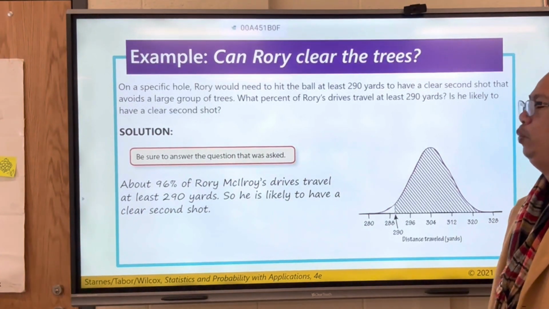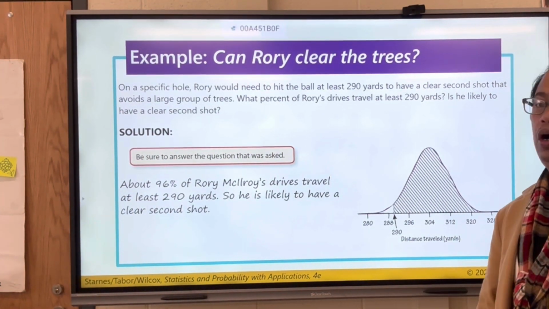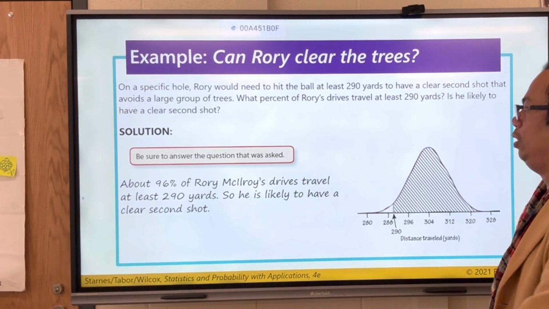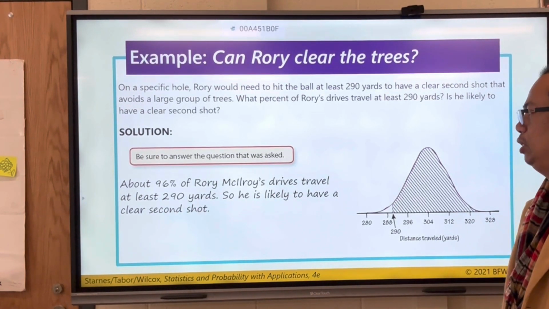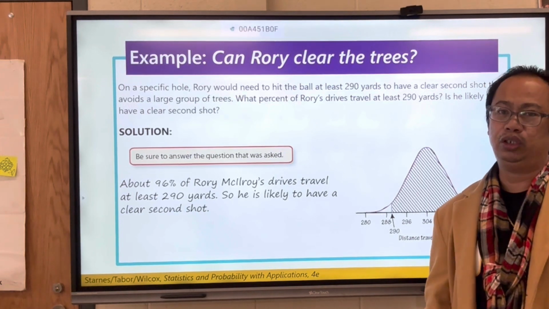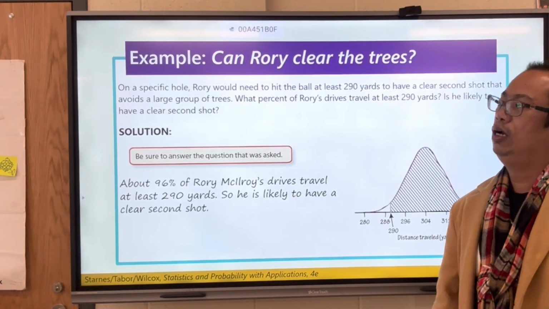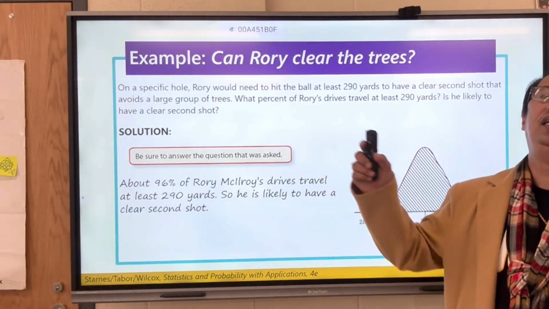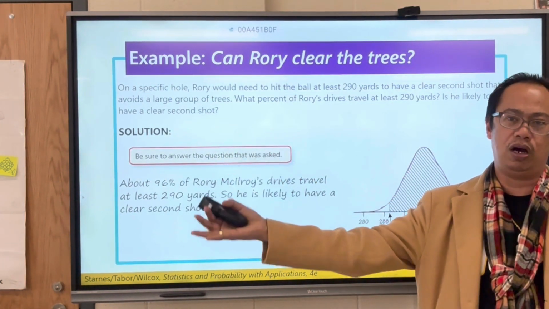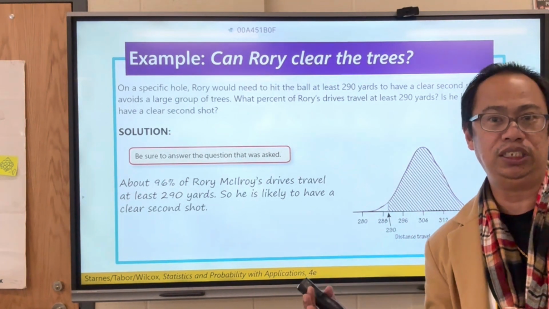So we can simply say that about 96% of Rory McIlroy's drives travel at least 290 yards. So he is likely to have clear second shots. What does that mean? Rory McIlroy can still hit the second shot. So he's consistent.